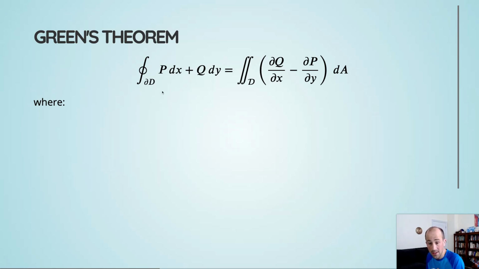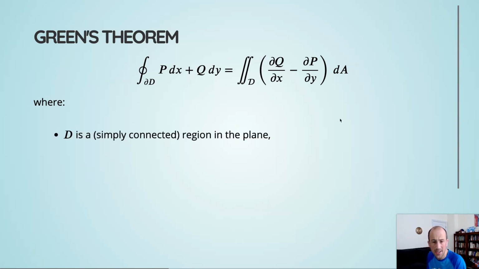So the left-hand side is a line integral. The right-hand side we haven't seen in a little while, but that's a plain old double integral in the plane. So I've got a region in the plane, and I'm going to find the double integral of a scalar function with respect to area. D is a simply connected region. Simply connected here just means it doesn't have any holes in it, just a plane surface, and we can deal with the simply connected bit at another time.